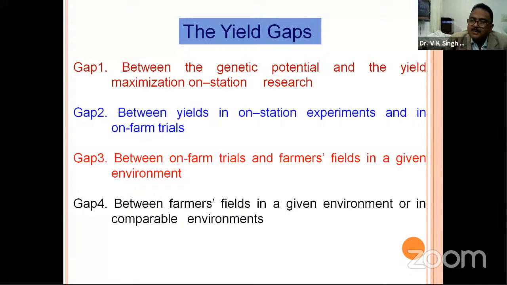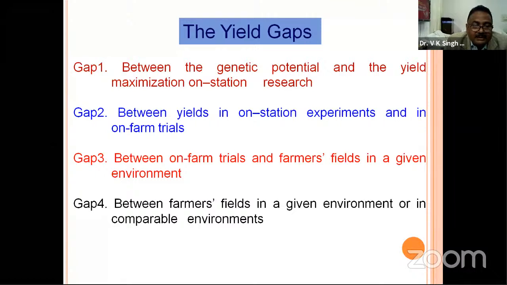Then when the technology developed by scientists goes to the farmers' field through our extension researchers, we again get lesser yield than at our research station. So there is another gap of 10 to 15% between our on-station research and on-farm research.